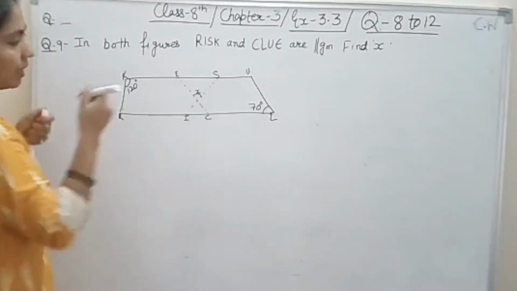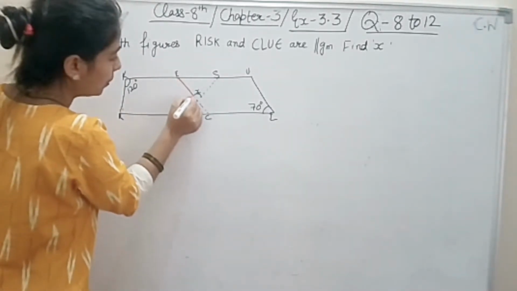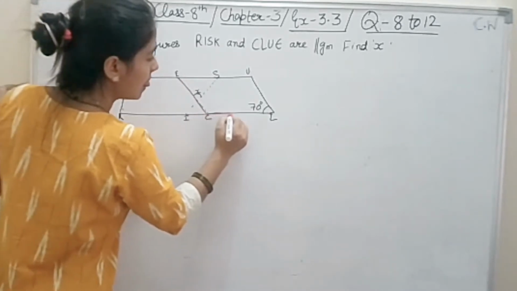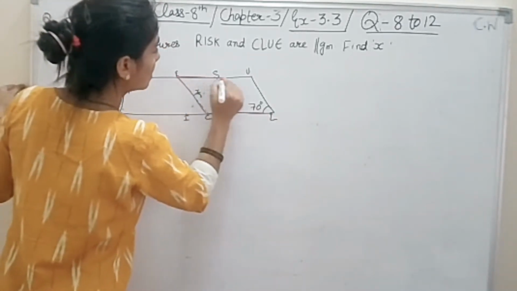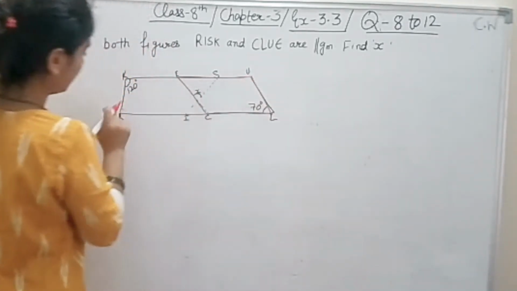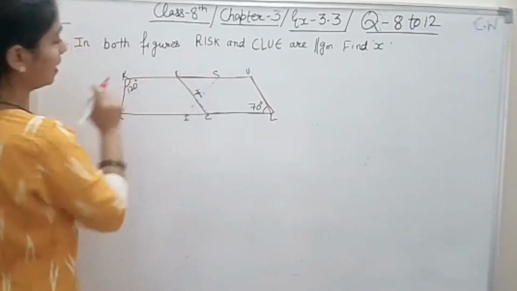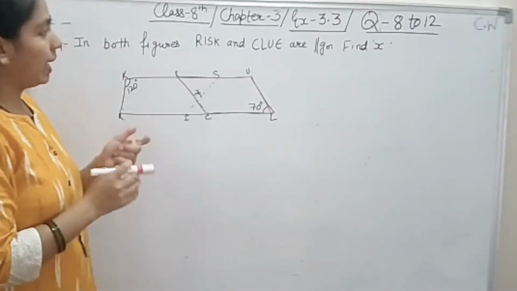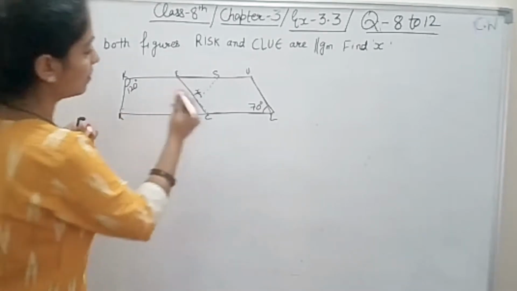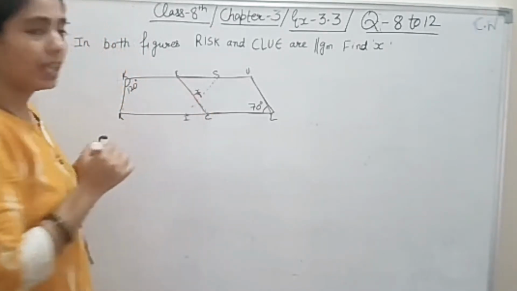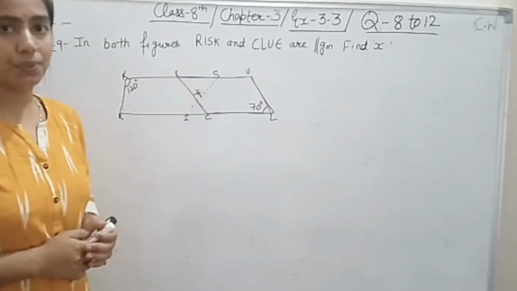I am making with another pen so that it will be distinguishable to you. This CLUE is another parallelogram, and this RISK is one of the parallelograms. And you have to find out this x value.